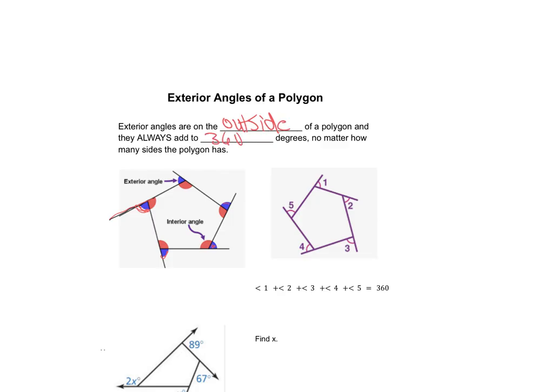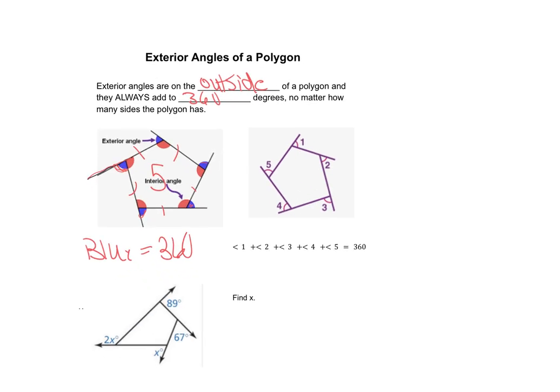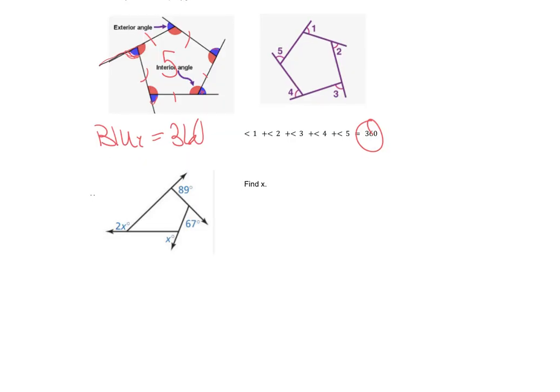up to 360 degrees. So like this guy here, 1, 2, 3, 4, has 5 sides. Those blue angles would add up to 360 degrees. Okay. This one over here also has 5 angles, adds up to 360 degrees. This one here has 1, 2, 3, 4.